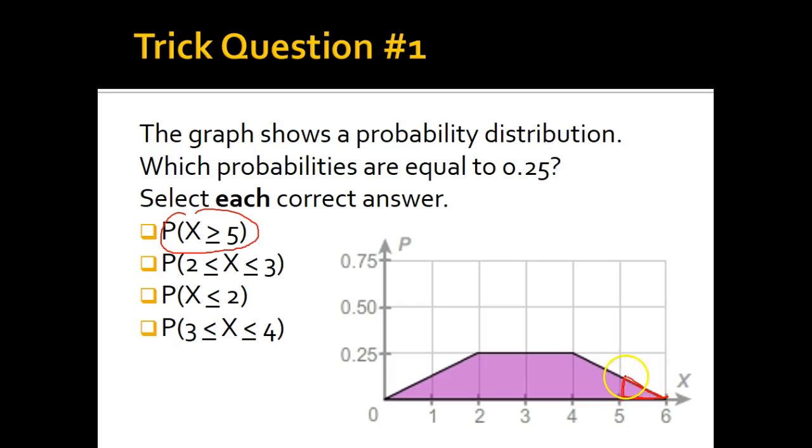Well, the height of that triangle is about halfway to 25%, so 12.5, 0.125, and the width is 1, so 1/2. The area of that triangle would be 1/2 times 1 times 0.125.